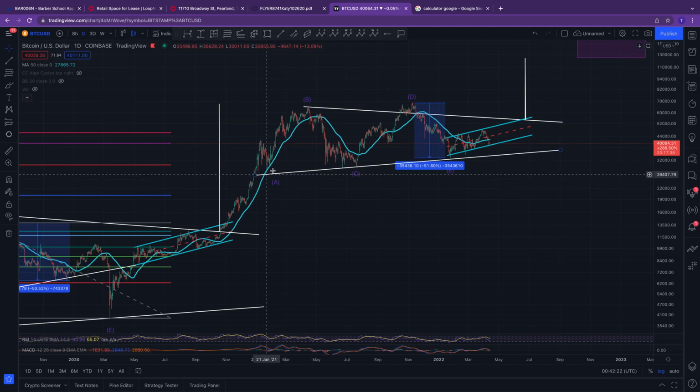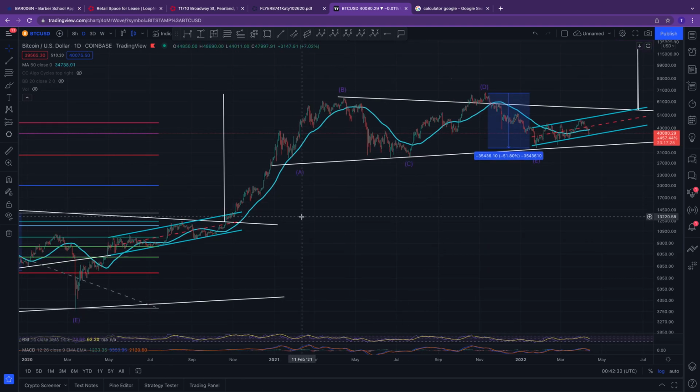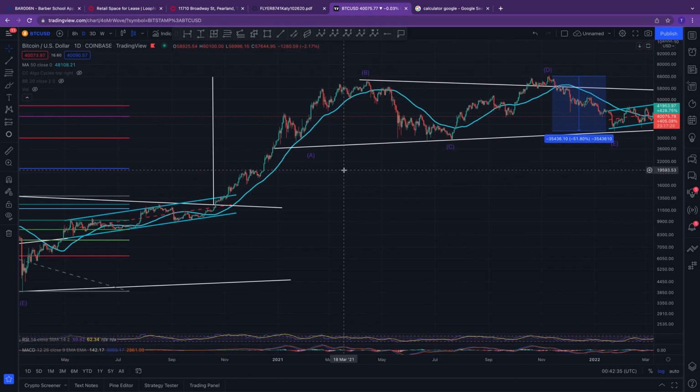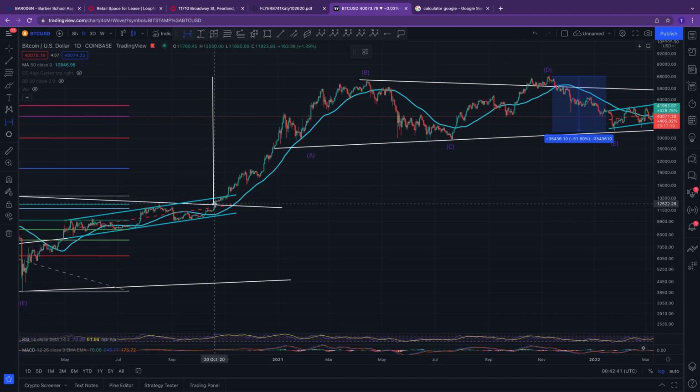But since this is a lengthened cycle, and these retracements are taking long within its time frame for a year, what I'm saying is we may see similar timing. So let's do a date range from breakout to the top.